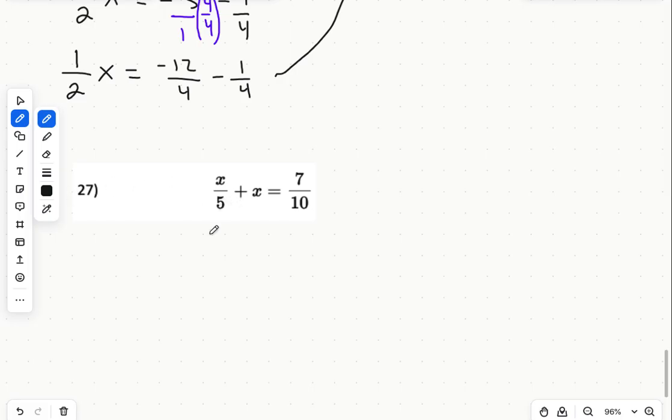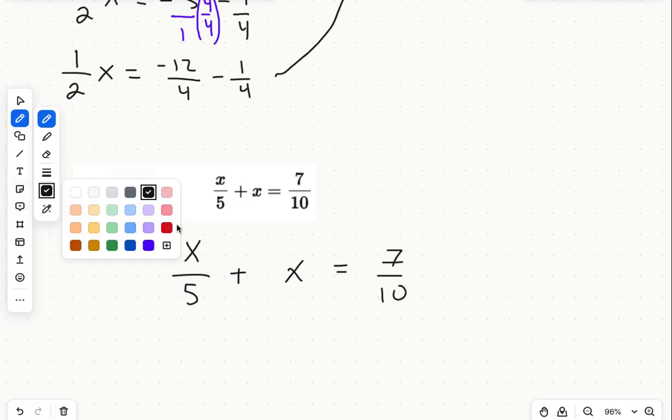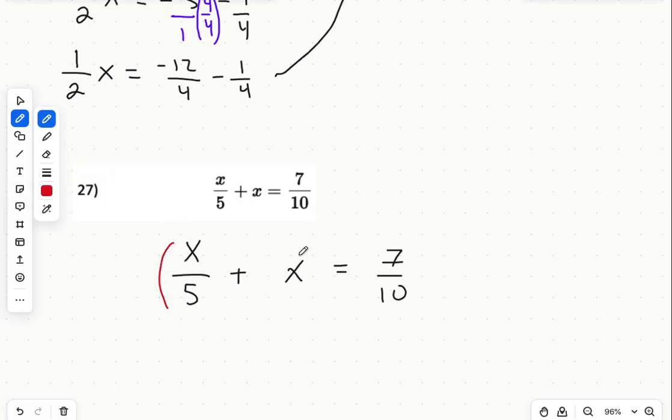So over here, I'm actually going to rewrite that down here. Looks like we have 5s and 10s, and so our LCD is going to be 10. So we're going to multiply everything by 10.